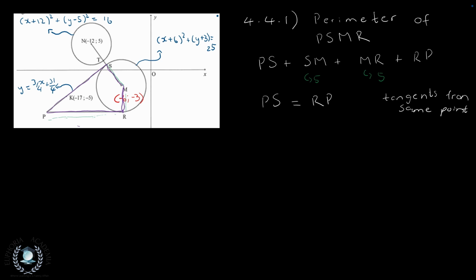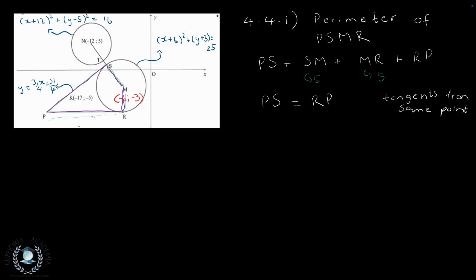That essentially means we need to find either PS or RP. The longer way would be to find the coordinates of P, then find the distance of PS or RP. But there's an easier way because we know that PR is actually parallel to the x-axis.